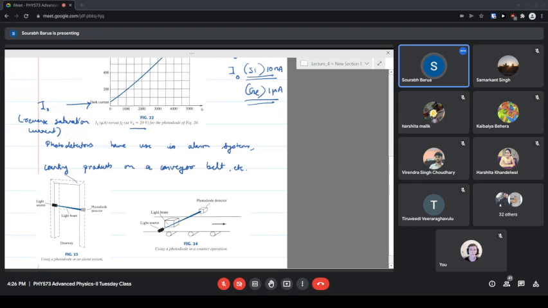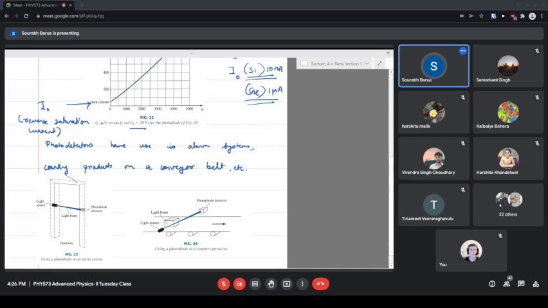Okay, so yeah, now how does the band gap of the material which has been used to make this photodiode or photodetector affect the wavelength of light which this photodetector is sensing?